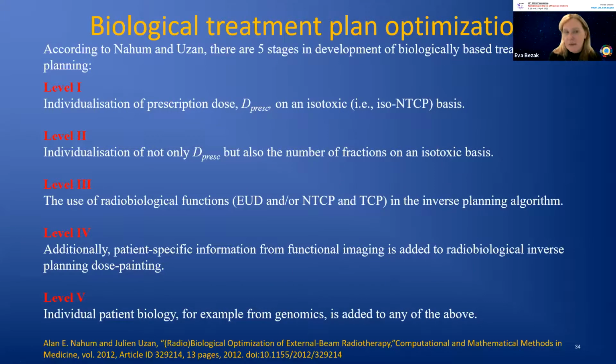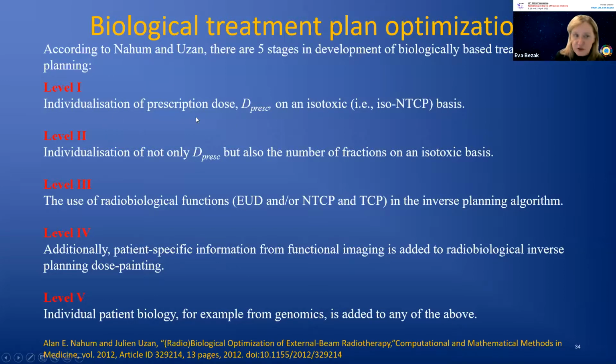So ideally, where do I see the biological treatment plan optimization going? And I have borrowed this from my collaborator and colleague, Alan Nahum. They estimate, with his PhD student, Uzan, 5 stages in development of biological-based treatment.